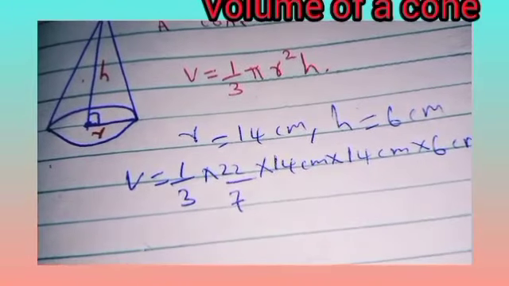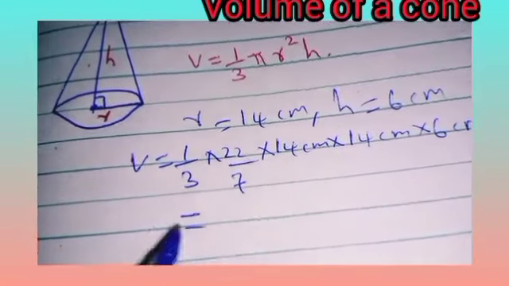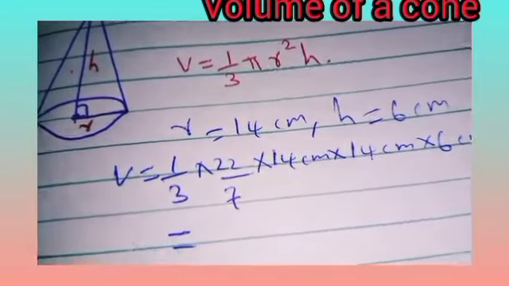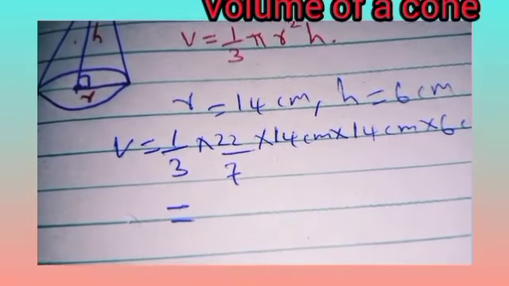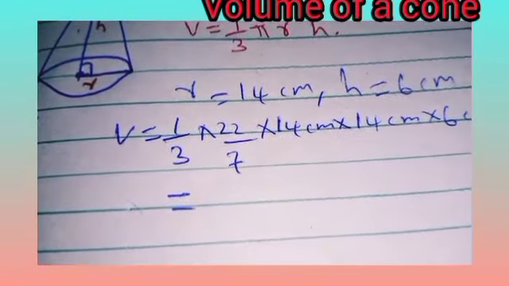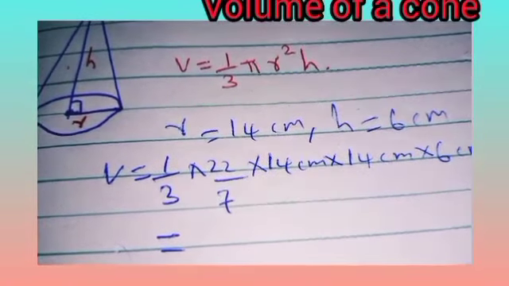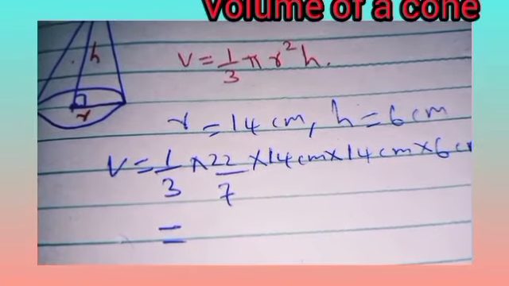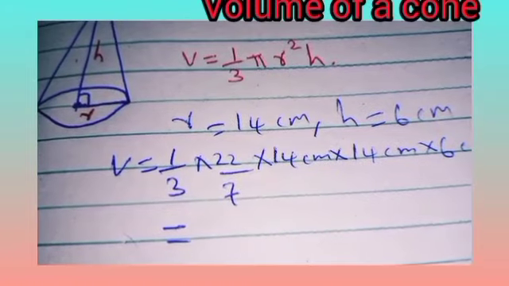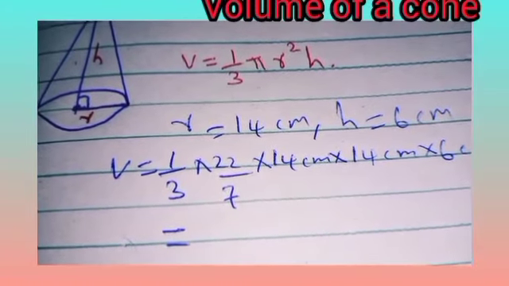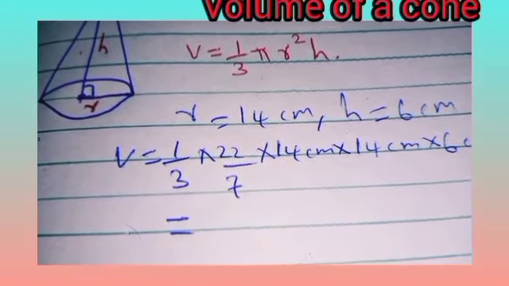So you can begin by multiplying the numerator, whereby you have 1 times 22 times 14 squared times 6.